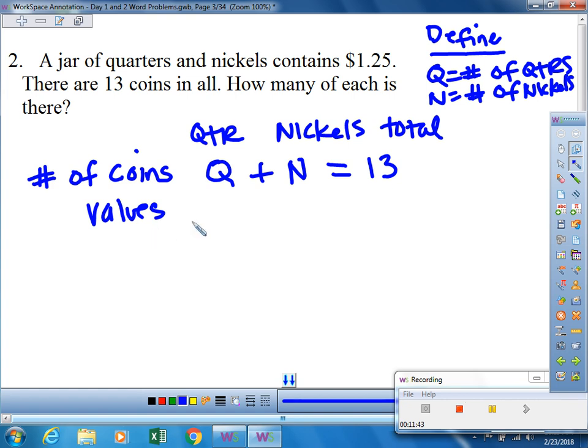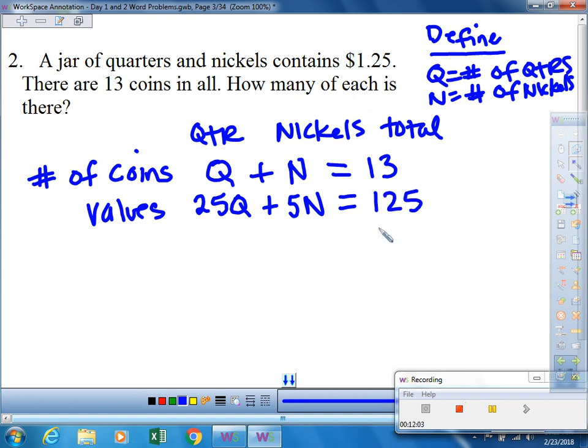Okay, so my value statement, the value of a quarter is 25 times the number. Got to have variables on this one. This one is 5 times the number, so 5n equals, what's my value? So 125. Remember, we're leaving off the decimals because we're moving them over.